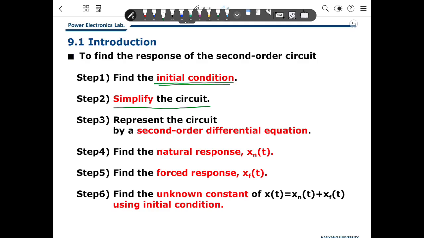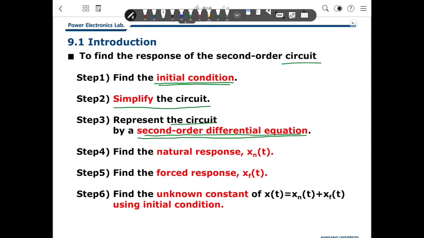Then represent the circuit by the second order differential equation. Because a second order circuit consists of at least two different energy storage elements, like capacitor or inductor, the characteristic equation to represent the circuit is a second order differential equation.